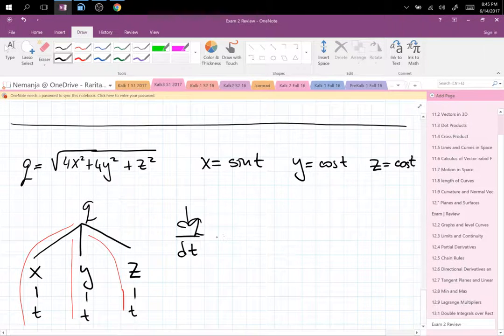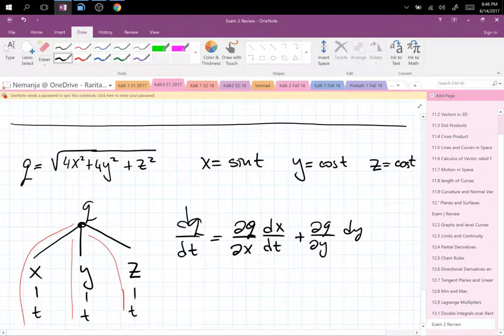So the derivative is equal to partial q partial x, because it splits, right? And then dx dt, because it goes straight through, there's no split, we can use the regular derivative, plus partial q partial y dy dt, plus partial q partial z dz dt.